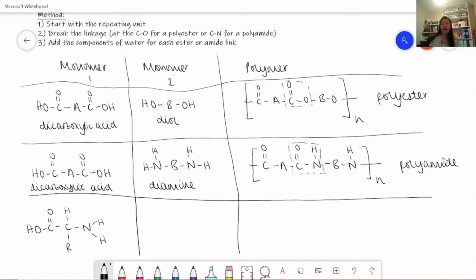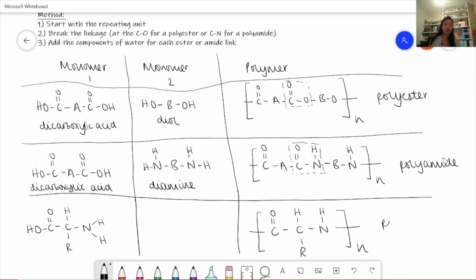Because amino acids have a carboxylic acid bit and also an amine bit, we don't need two monomers to form a polymer. This also creates a polyamide, but its repeating unit is a bit different, because we're only using one monomer. Using this table, we should be able to see the different monomers which make up the polymers.